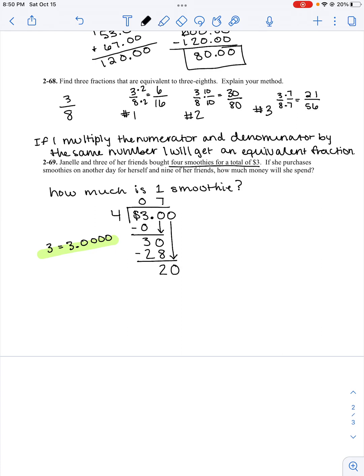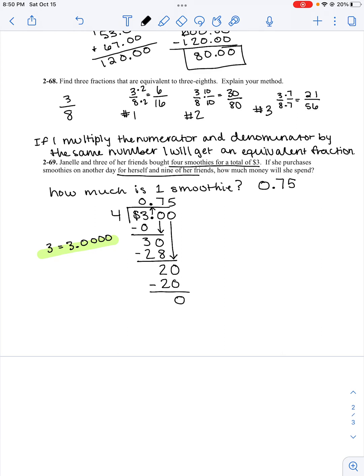So I'm going to bring down that 0. 4 goes into 20 5 times. 20 minus 20 is 0. So I'm finished, but my last step is I need to bring this decimal up. So one smoothie is 75 cents.